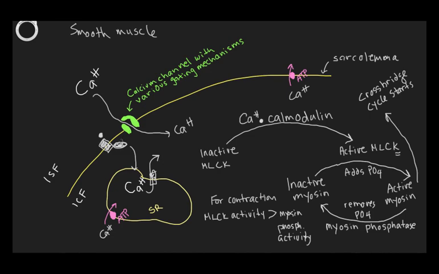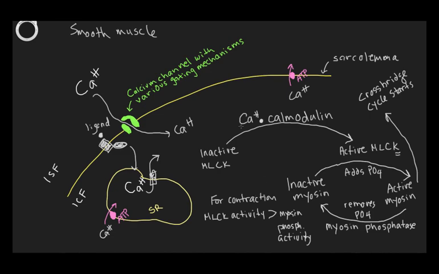And we're not going to worry about the details of those mechanisms, but just be aware that it's not always a ligand-gated channel directly increasing the calcium in the cytosol, but it could be a ligand binding with a receptor attached to a second messenger system, resulting in increased levels of calcium. The point is, though, that the more calcium that's in the cytosol, the stronger the force of contraction. Less calcium leads to a lower force of contraction.